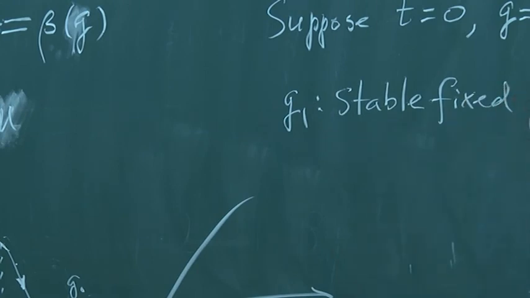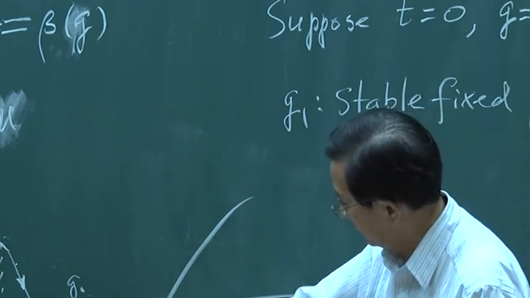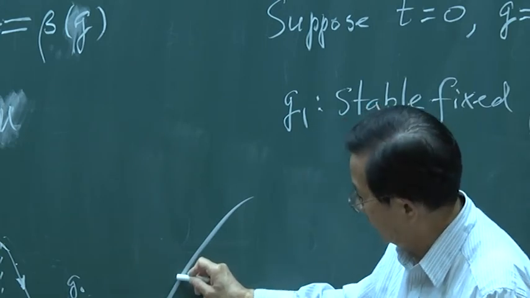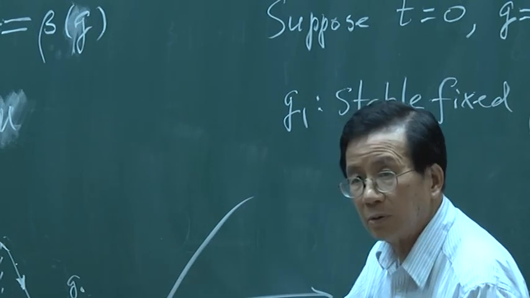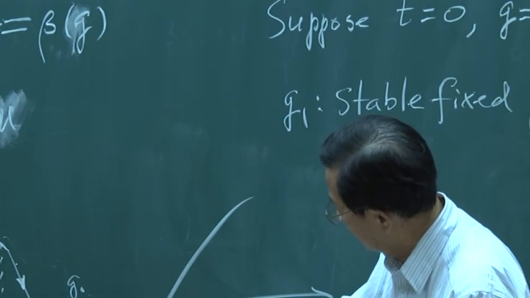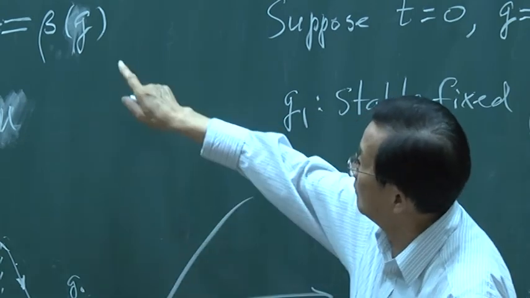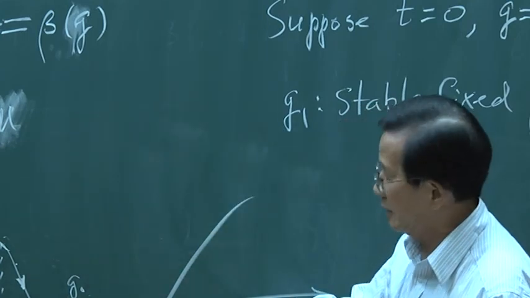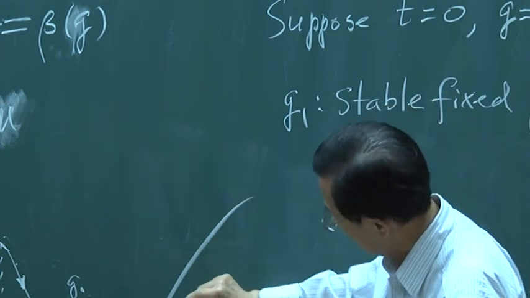Now I will leave it as an exercise for you to look at this point. Suppose you start from here nearby. You will see that the coupling constant will run away from G2. On the other hand, if you pick G2 at this point, right at this point, because the beta function vanishes, the coupling constant doesn't move, but it's unstable.